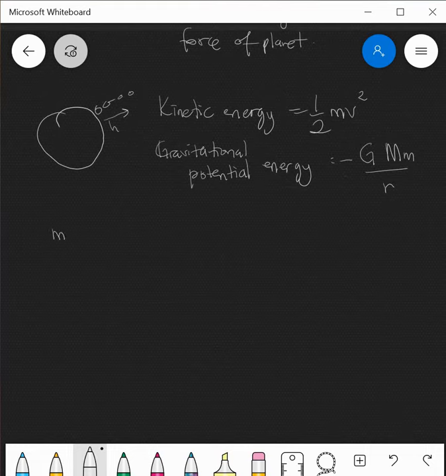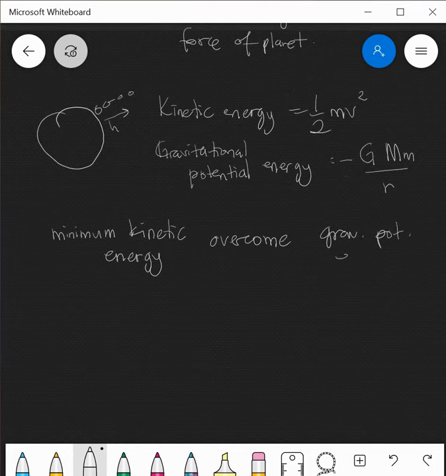If the minimum kinetic energy can overcome the gravitational potential energy, okay, so if the object possesses minimum kinetic energy yang boleh mengatasi the gravitational potential energy, then it has escape velocity.